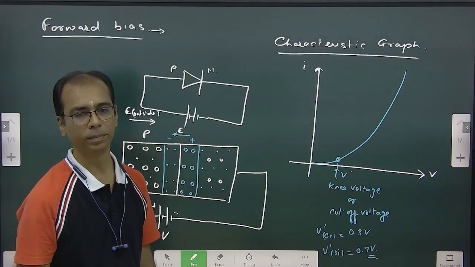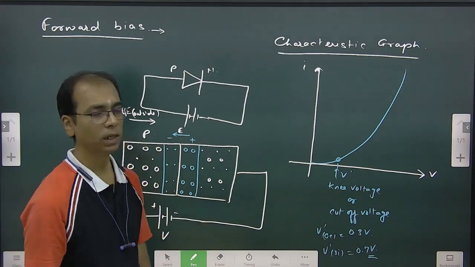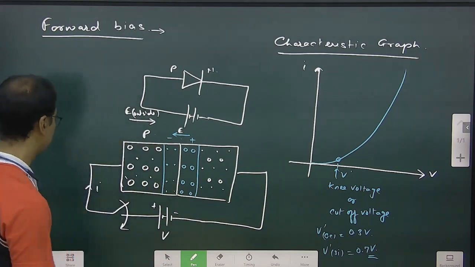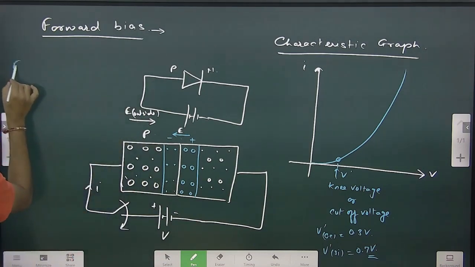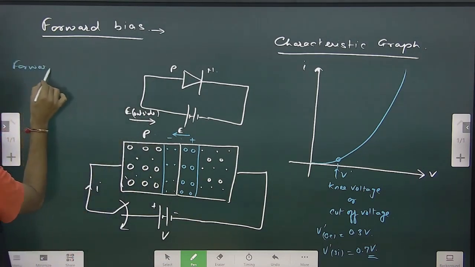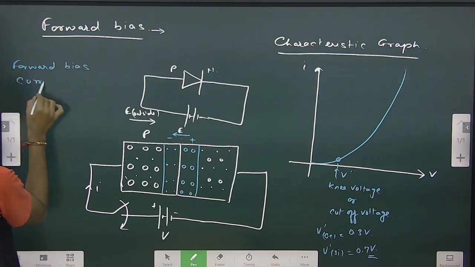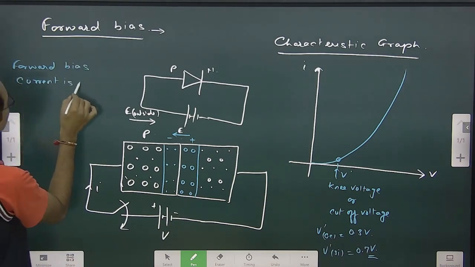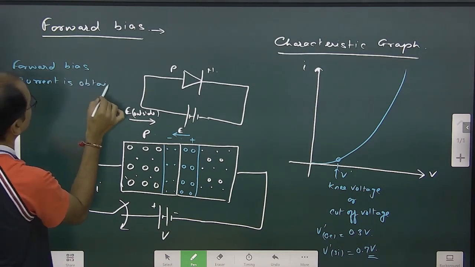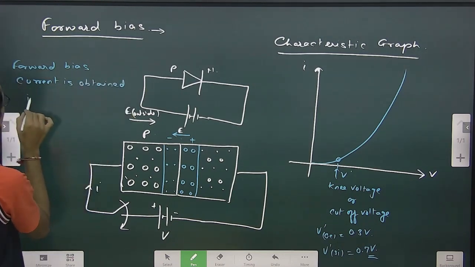This current will be in milliampere. Remember that: forward bias current is obtained in milliampere.